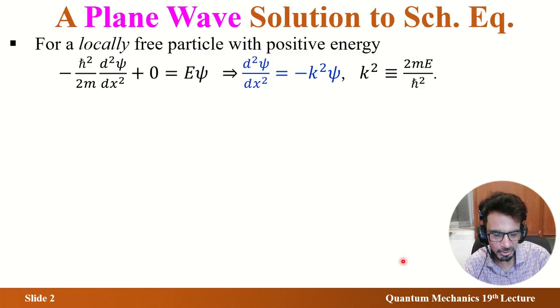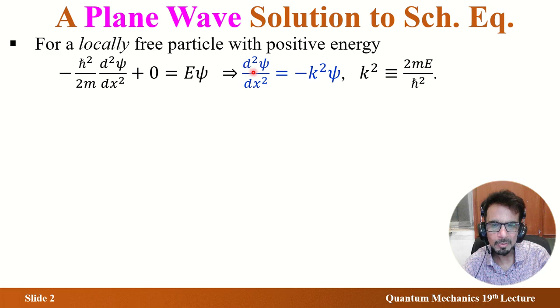Now coming to the details, as I said, first I have to deal with the Schrodinger equation. It is the time independent Schrodinger equation, because the potential energy is zero and time independent. With potential energy zero, it becomes a simple differential equation. You take the minus h bar square by 2m to the other side.